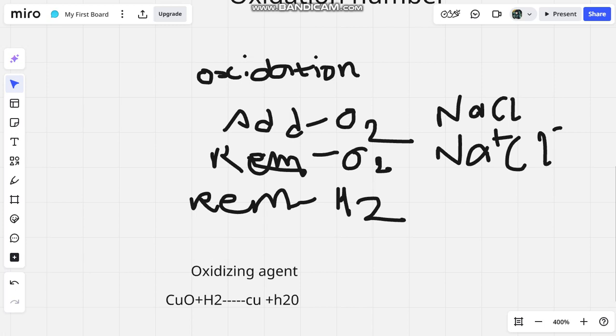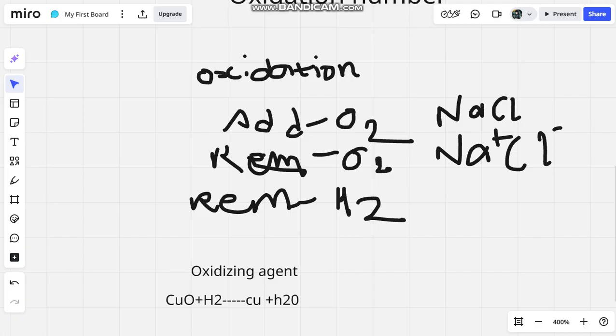Next is reduction. What is reduction, you might ask me? It's the complete opposite of oxidation. Basically in reduction, removal of oxygen takes place, the polar opposite of oxidation, and addition of hydrogen takes place, also the polar opposite. Now let me give you a definition.